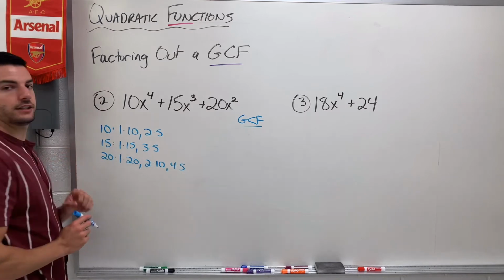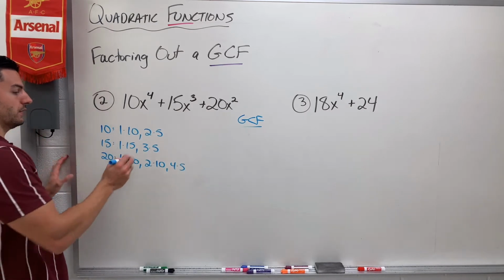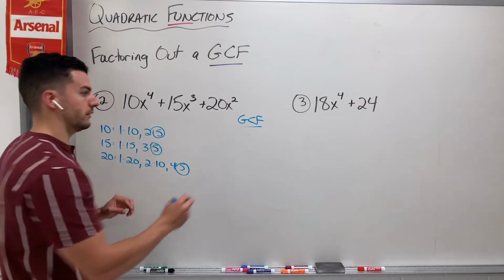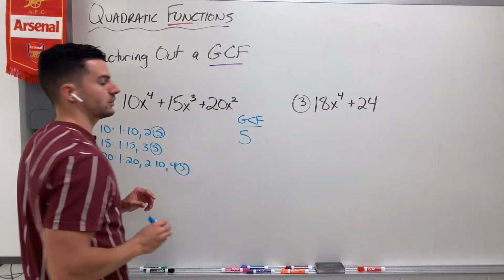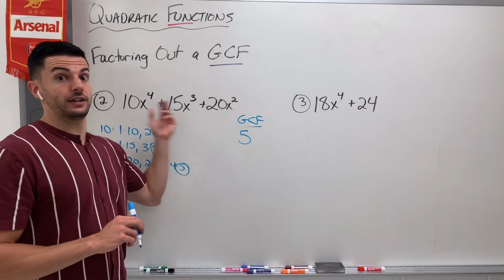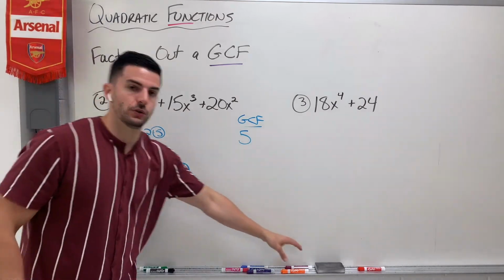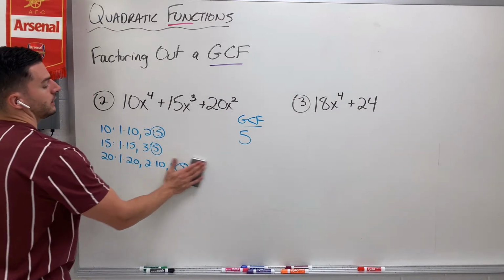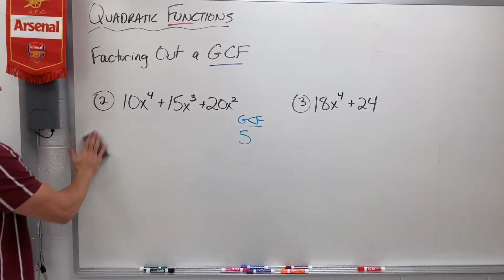So the highest number that's included in every one of these lists is, as you may have guessed, 5. 5 is the highest common whole number that could divide evenly out of each of these, okay? So 5 would be the coefficient, but again, you look at the variable part too, okay?